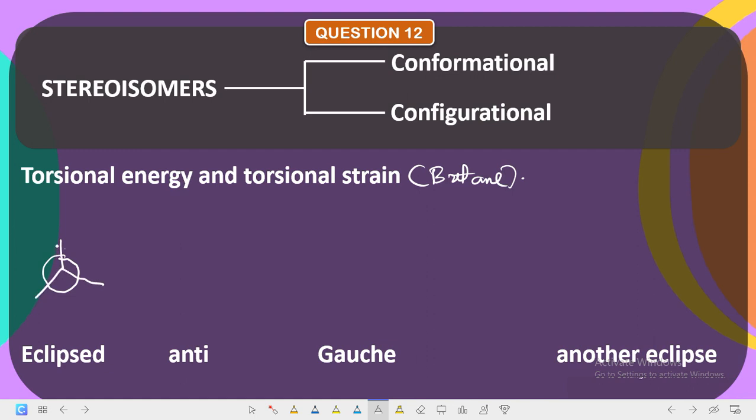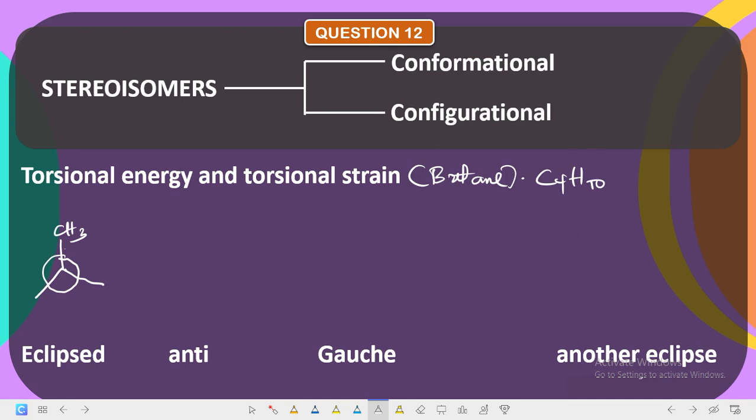Now, butane has how many carbons? Butane is C4H10. It means it has 4 carbons.